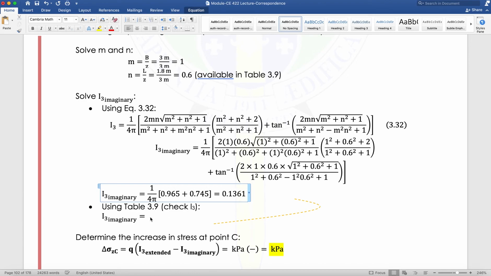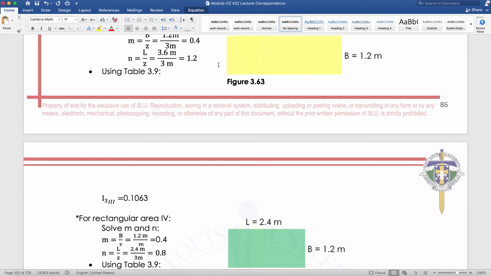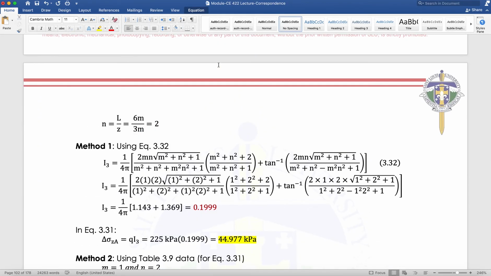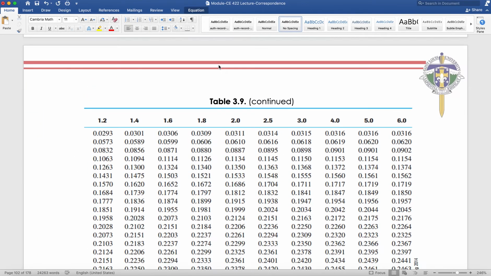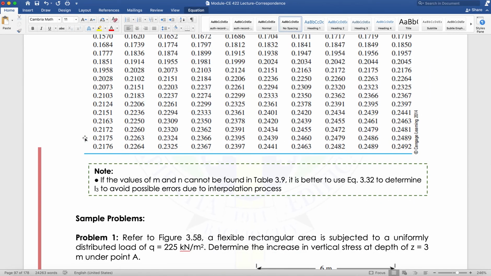Okay. Next, if we are going to check it sa table, we have 1 by 0.6, it is available. So, M is 1, then 0.6. So, dito si 1, tapos 0.6. It is 0.1361. So, they are the same.